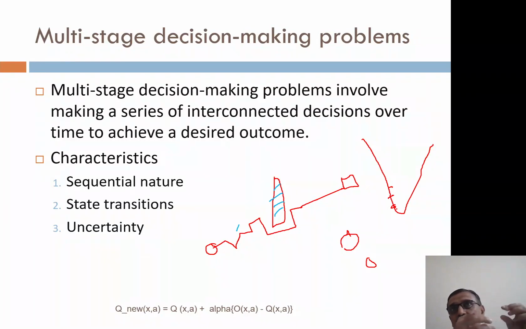If you are going to Kochi, then you will have to take the flight from Kochi itself. But if you are going to Trivandrum, you have to choose some options if you are going by flight. So there are n number of options, and the decisions are interconnected. These kinds of problems are called multi-stage decision making problems.